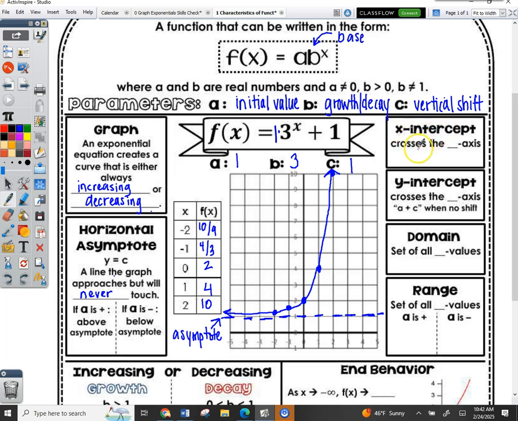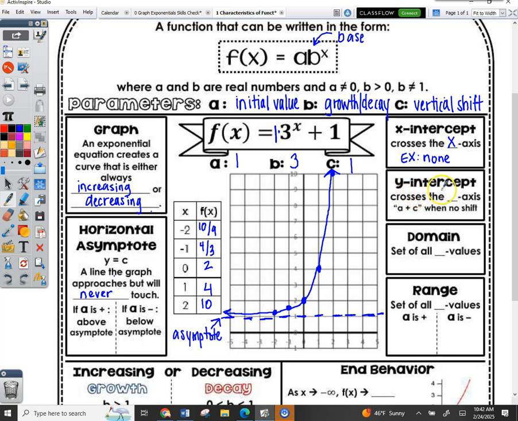The x-intercept, that's where it crosses the what? X-axis. So in this case, what would it be? Is it crossing the x-axis? No. So in this case, for example, here, we have none. Right? So that is possible. And that's because of this shift up.